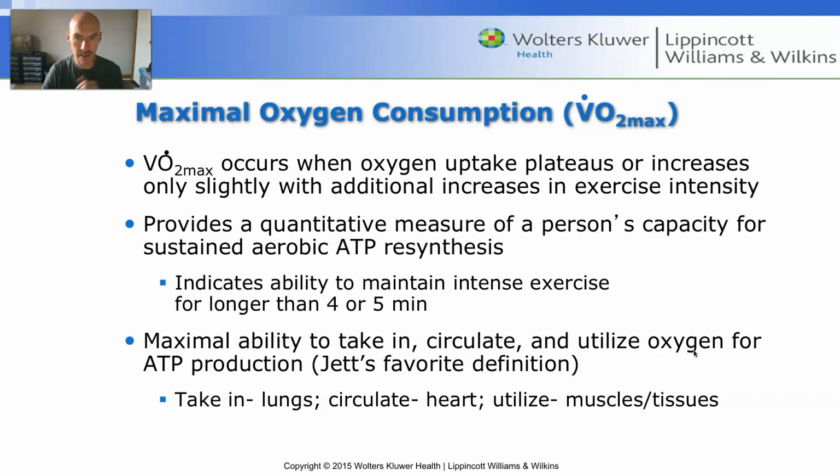If you're running, it's your legs. So it's your pulmonary, cardiovascular, muscular. Those are the three body systems where the events are occurring that lead to having a VO2 max. So bringing the oxygen in, circulating and delivering that oxygen, and then using the oxygen to produce ATP, right? So that's kind of summarized right there. I love that definition because, again, it tells you exactly which systems are contributing to aerobic energy production during exercise.